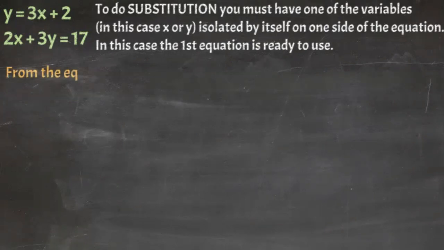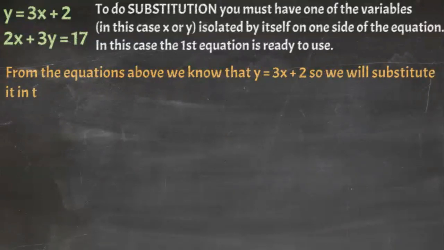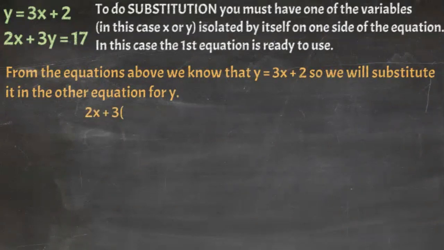From the equations above, we know that y is equal to 3x plus 2. We will substitute in the other equation for y and then solve it. And you get 2x plus 3 times the quantity 3x plus 2 equals 17.